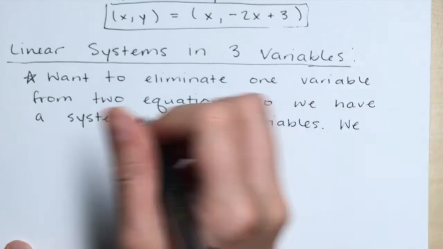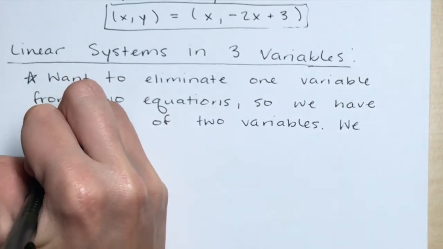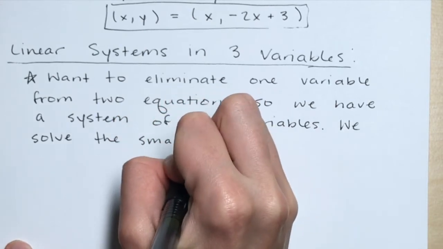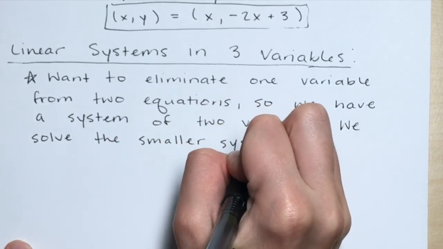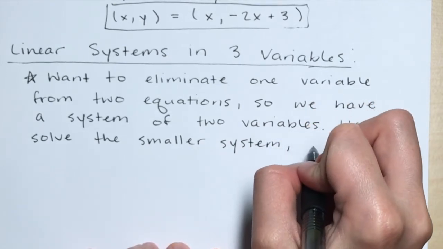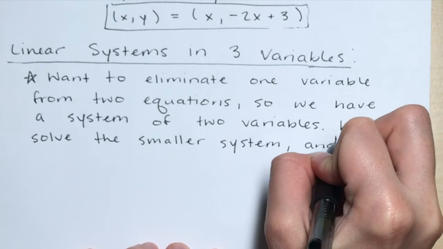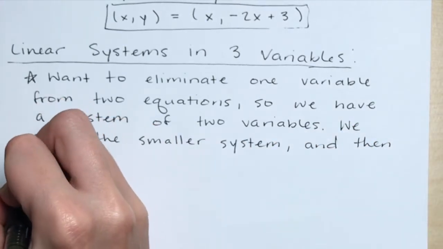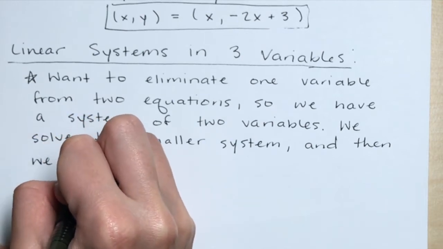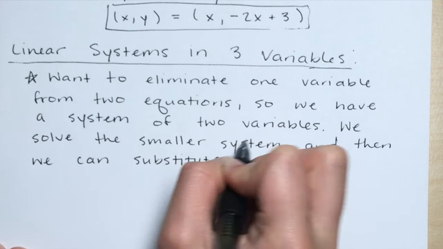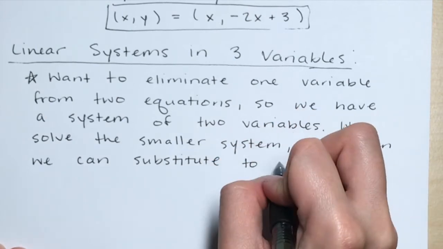We solve the smaller system and then we can substitute to find the 3rd variable.